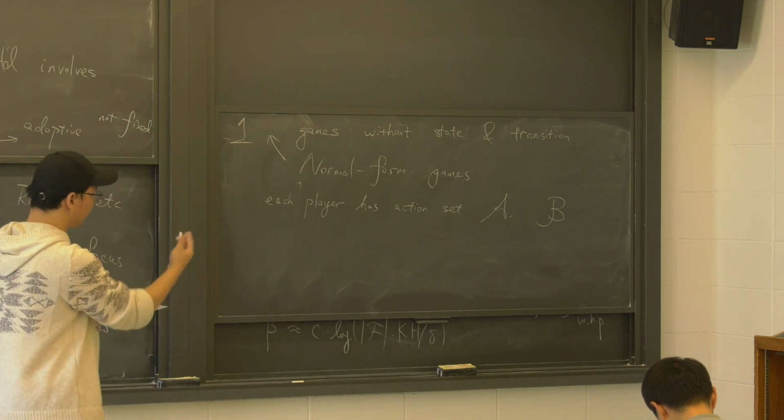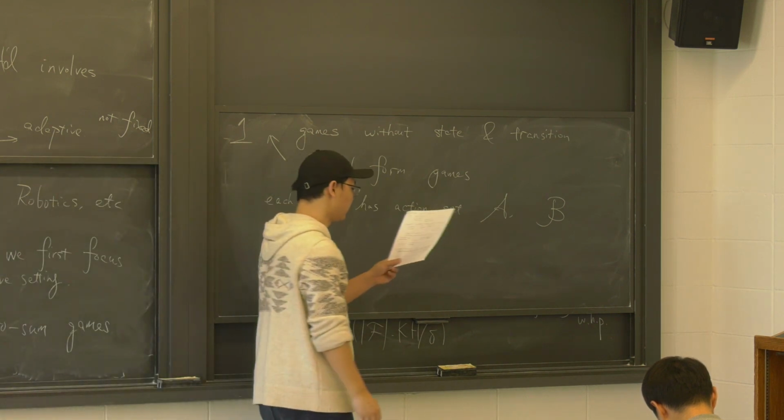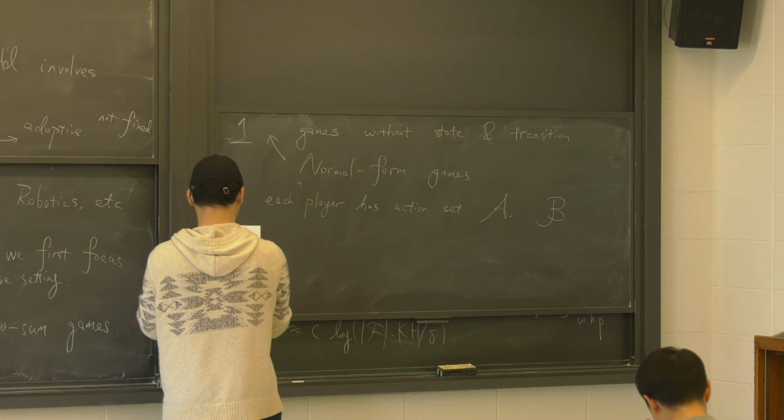So one player may choose an action in A, and the other player chooses an action in B, like a min player or max player.